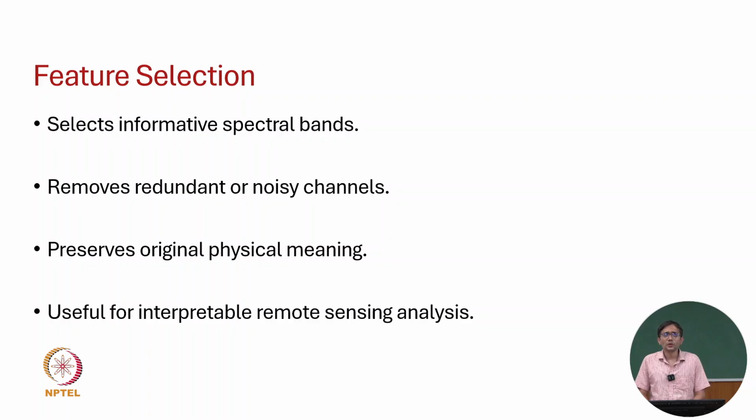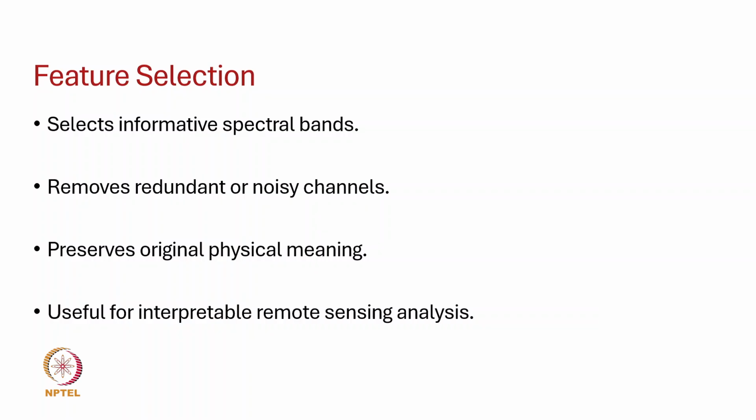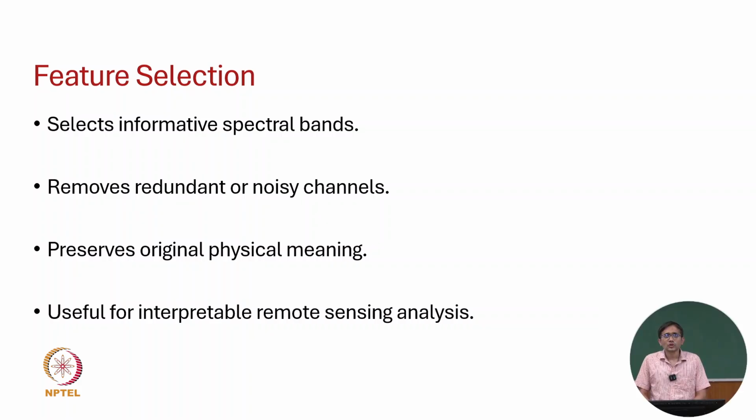Now, talking about the feature selection, which we have already briefly mentioned, this selects informative spectral bands. So if we are trying to, let's say, select some 100 bands out of 230 given bands, what will we try to do? We'll try to choose these 100 bands in a way such that we retain most of the information.